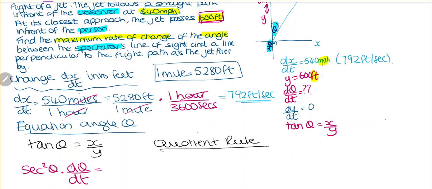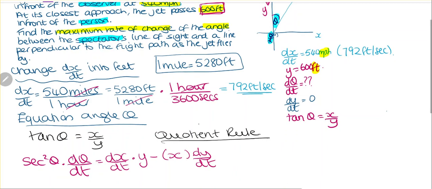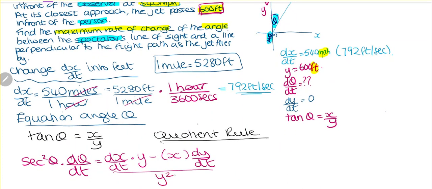And then we're going to have dx by dt multiplied by y, minus x multiplied by dy by dt, and this is all going to be divided by y squared.